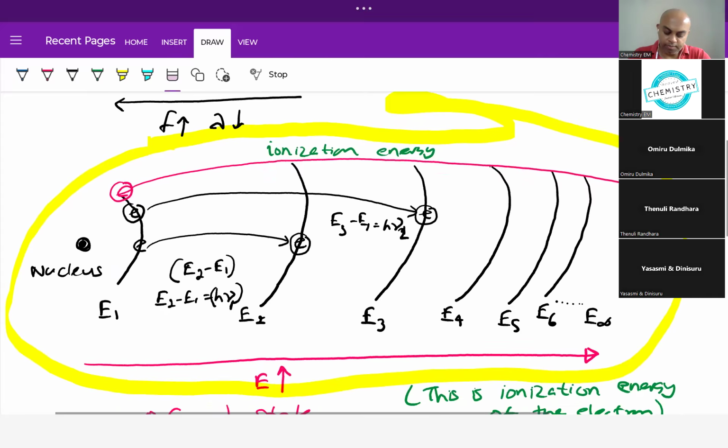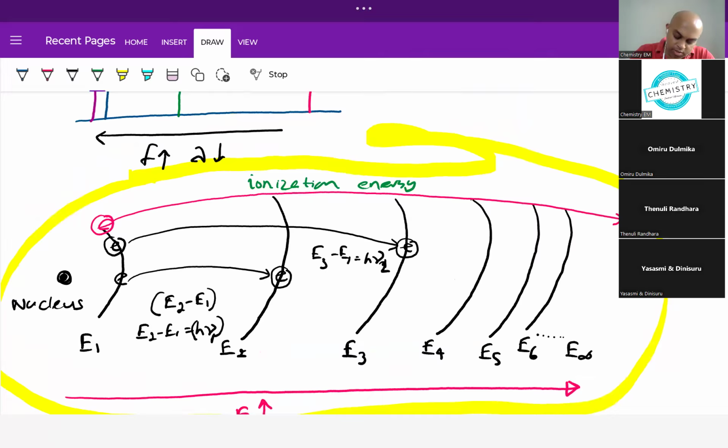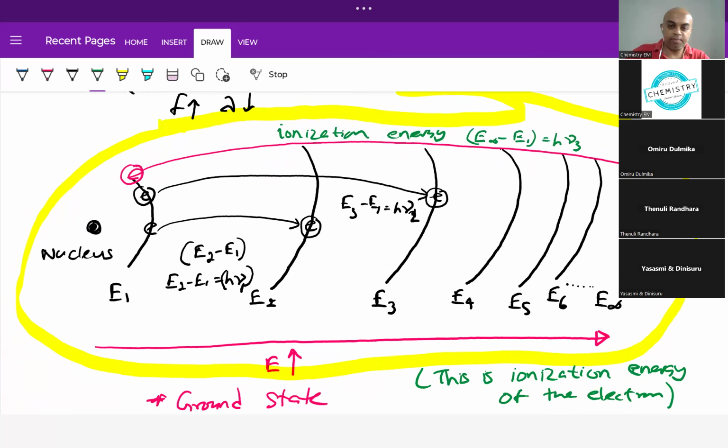Draw this one. This is ionization energy. This is E infinity minus E1 equals h nu 3.